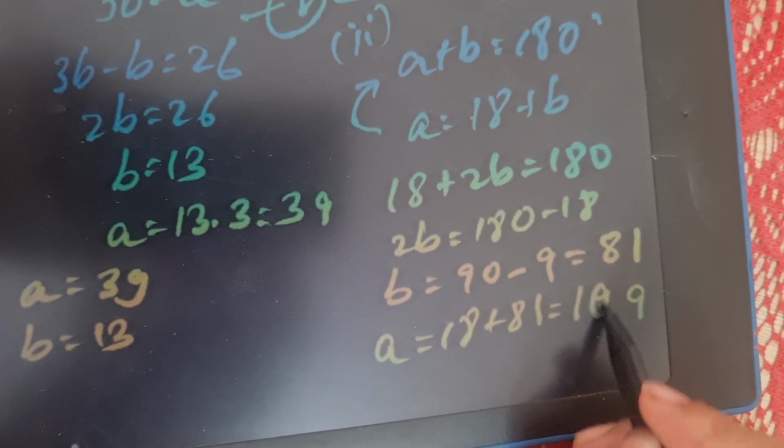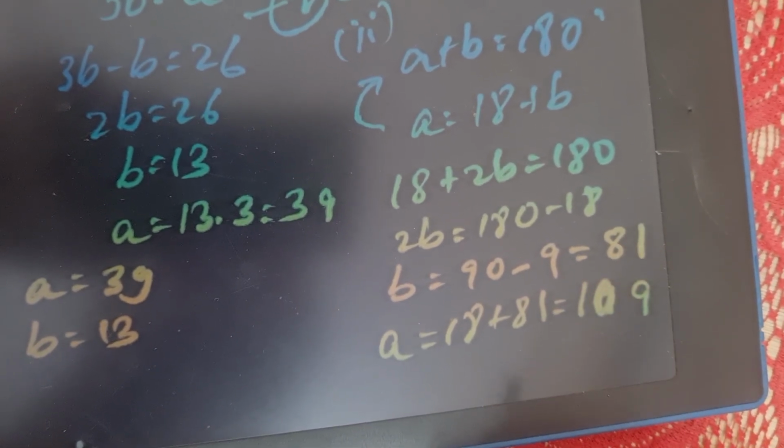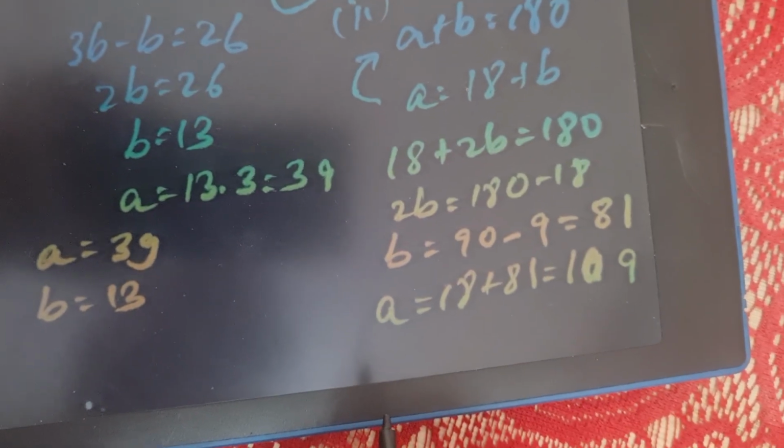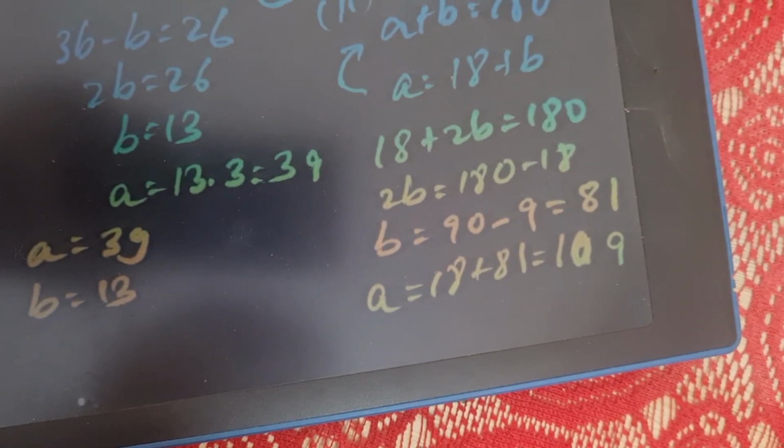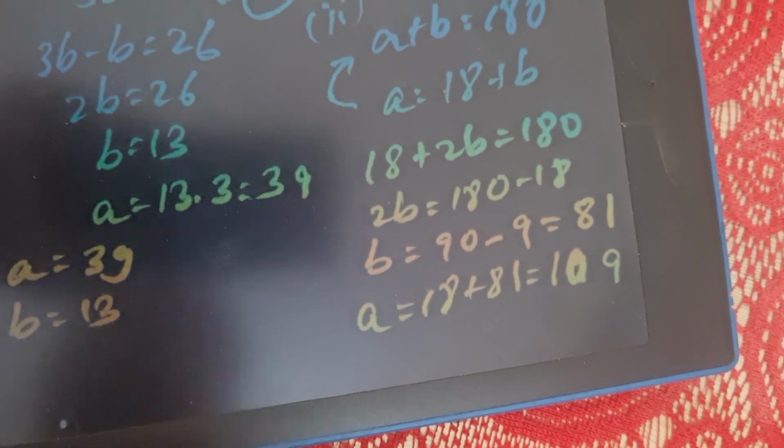So the value of a and b, these are the two angles, 81 and 99. Now the third part.